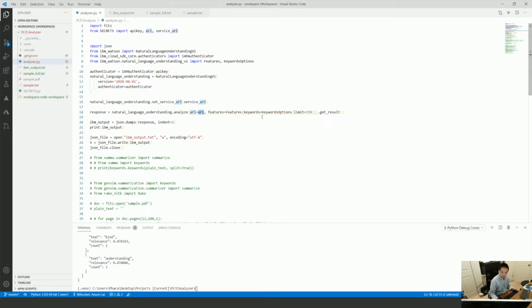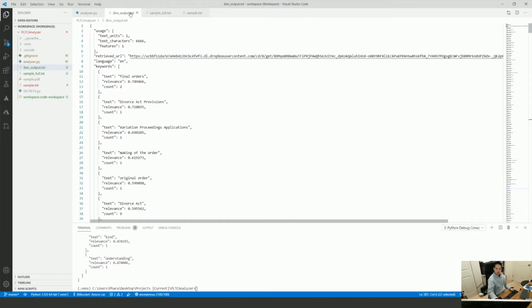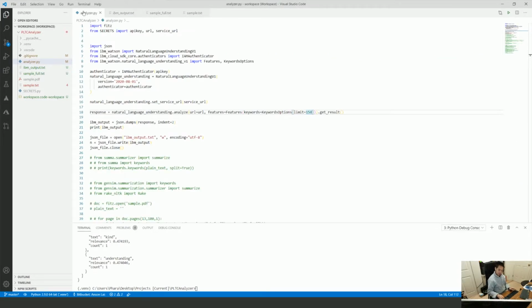And they give you the option of determining how many keywords you want. So I put in 150. It seems like they rank in order of relevance anyway. So I don't think it's a huge problem if we put in a lot.